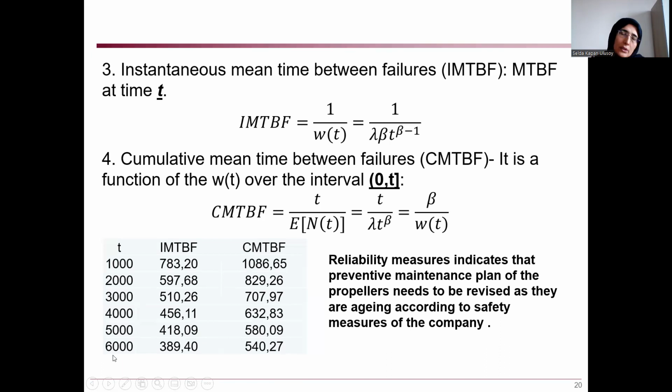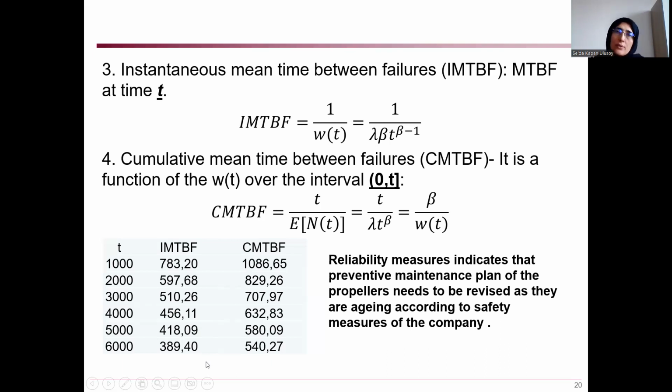For example, when a propeller has flown 6,000 hours, at the 6,000 flight hour we expect the IMTBF to be 389.4 flight hours.